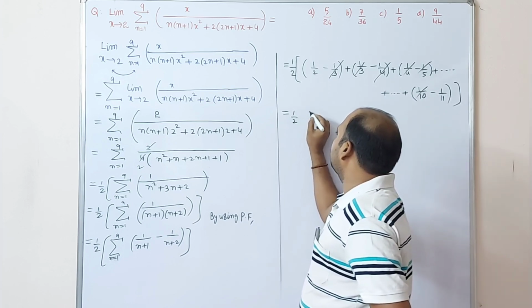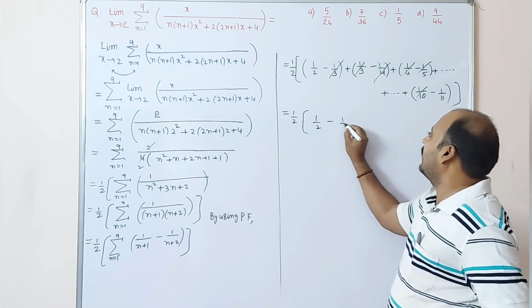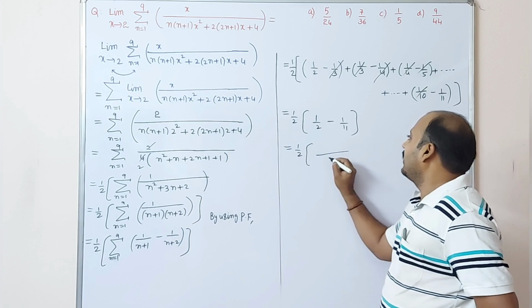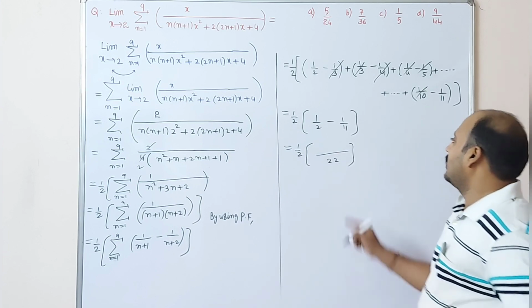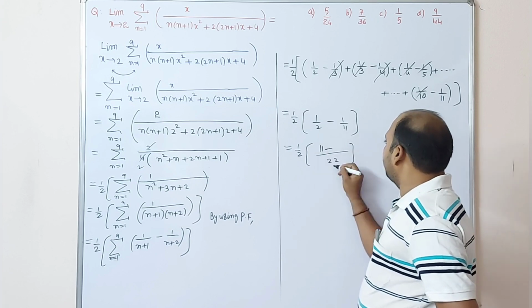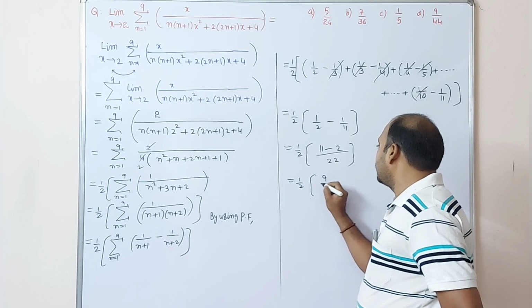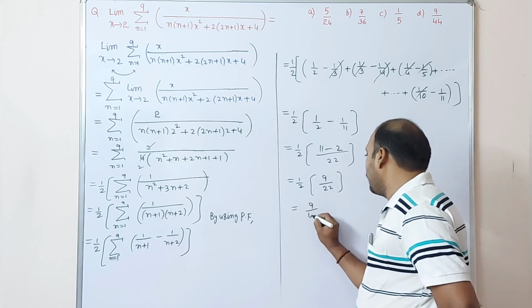So the remaining terms are 1 by 2 minus 1 by 11, which is equal to 1 by 2 into, LCM of 11 and 2 is 22. So 2 11s, minus 11 2s. So 1 by 2 into 11 minus 2 is 9 by 22. So 9 by 22 into 1 by 2 is 9 by 44.